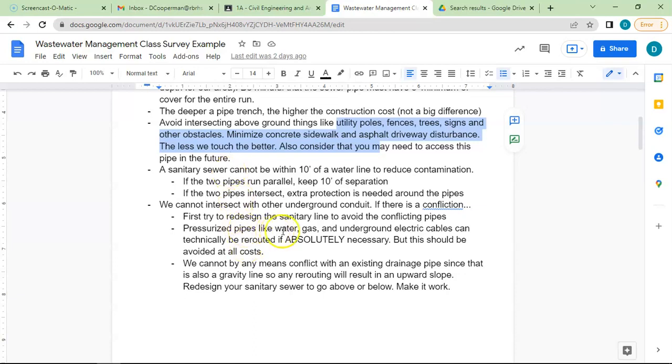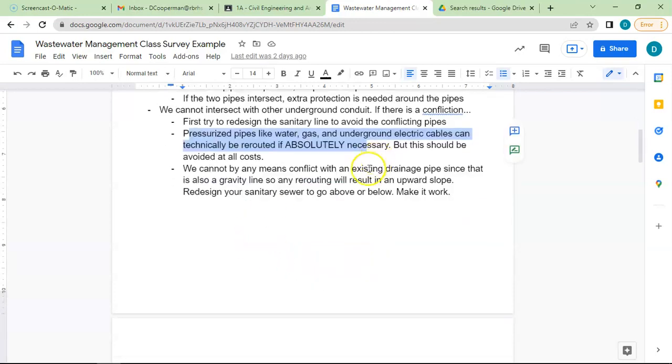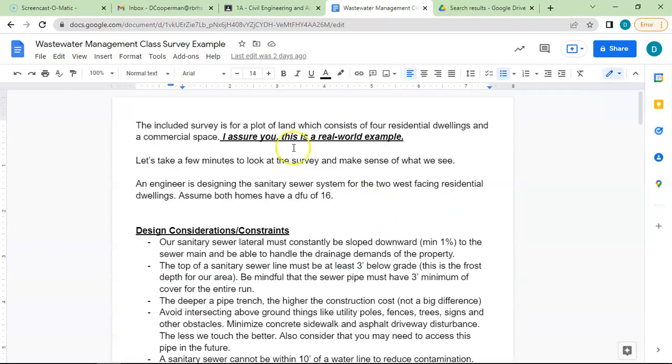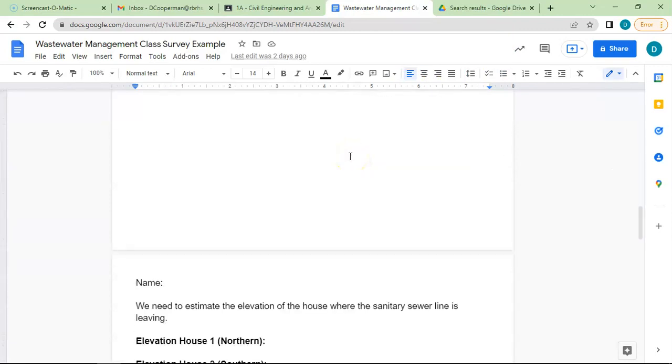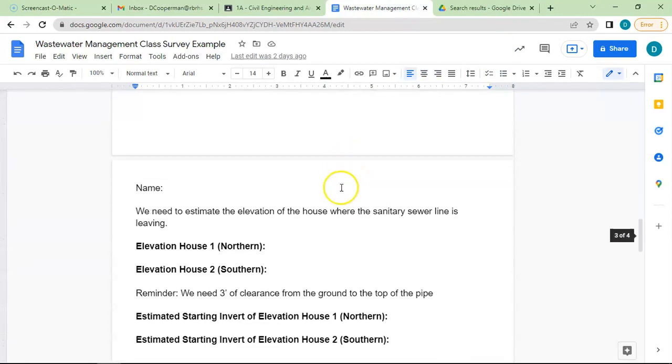If there is a conflict, remember you can reroute pressurized pipes, but this should be avoided. And by no means can you conflict with a stormwater pipe, because they're both gravity, and any rerouting will result in upward slope. Remember, this is a real world example. This is as real as I could possibly make it. This is very similar to what an engineer would have to do when they're working on the stormwater or wastewater portion of a building.